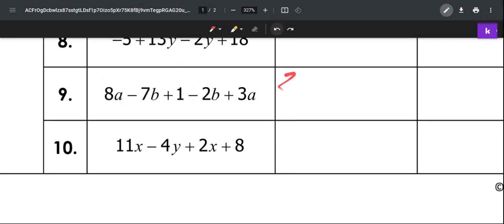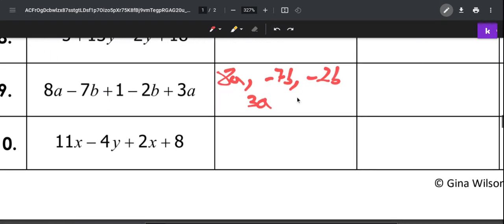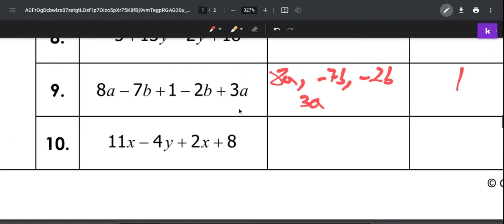So 8a, and actually it would be -7b, then -2b, 3b. Now there's only one constant, it would be 1. All right, and then the coefficient would be in front of the variable. So that would be 8, -7, -2, 3.